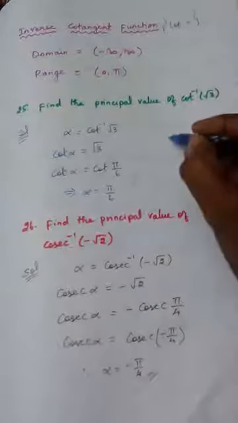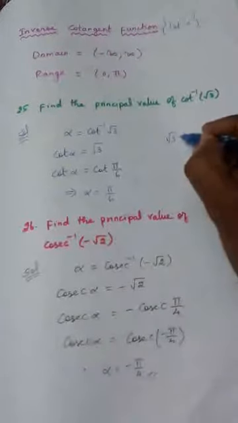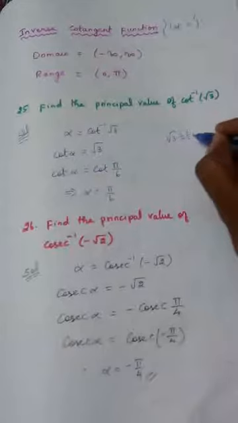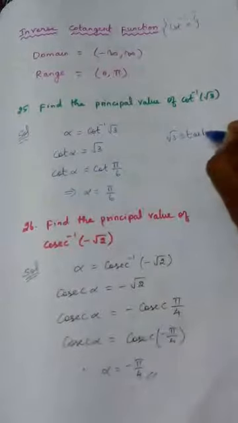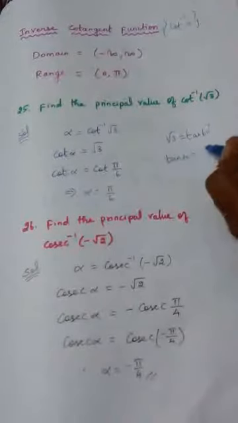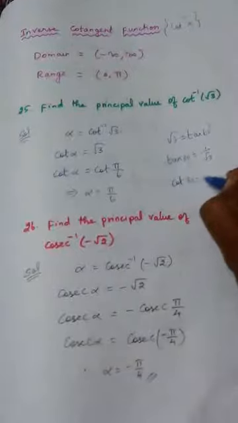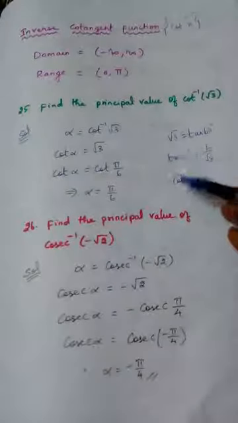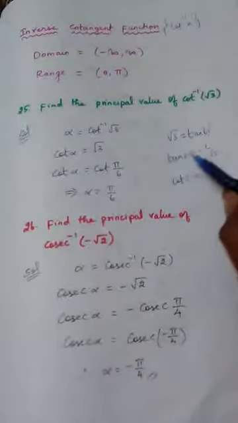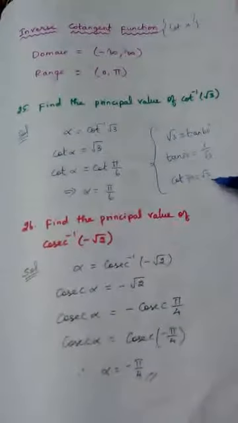So we just remember the table. What is root 3? If you see, tan 60 is root 3, right? Also tan 30, the value is 1 by root 3. Therefore cot 30 is equal to root 3 because tan and cot are reciprocal. Tan 30 is 1 by root 3, cot 30 is the reciprocal, root 3.